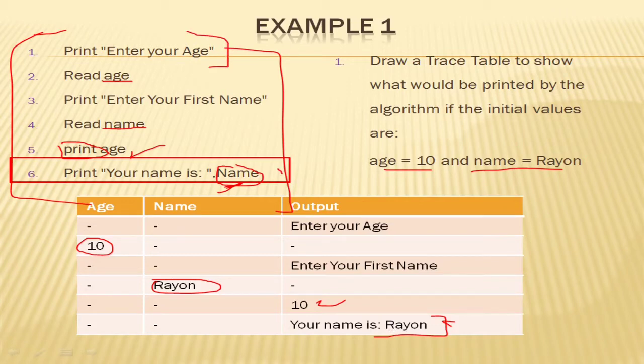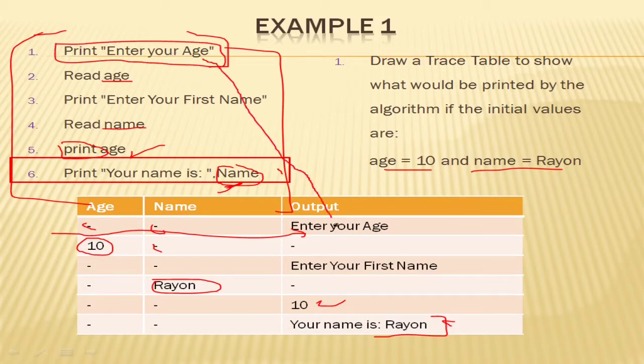Now there is one last thing that I need to show you, and it is these little dashes that I have been putting in the different cells. Now when you have a row and you put data in a particular cell, so like at this first row or line 1, it links to the first statement in the pseudocode where I have print enter your age, and I place it right here, right?